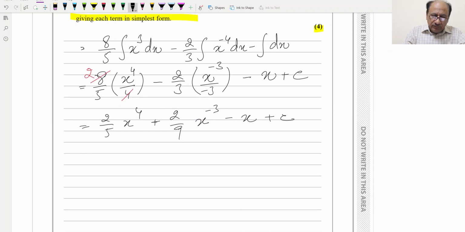Finally we can write 2 over 5 x^4 plus 2 over 9 x cubed minus x plus c, and this will be the final integral for 4 marks.